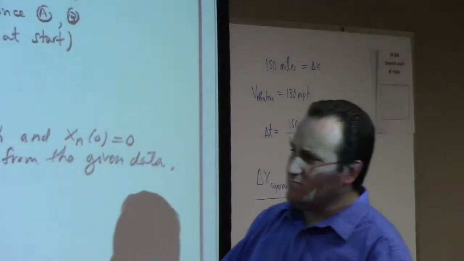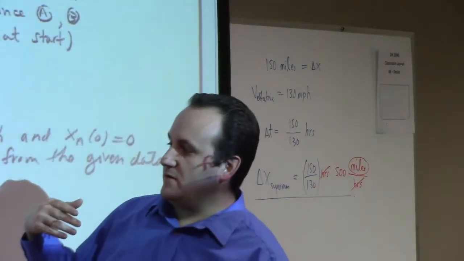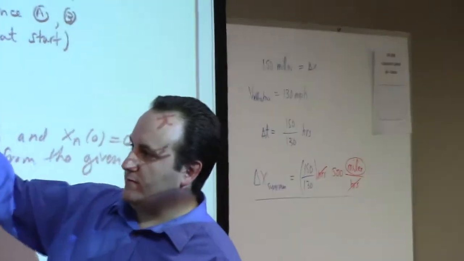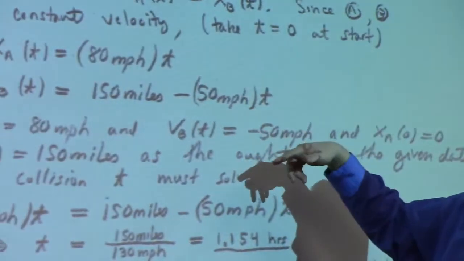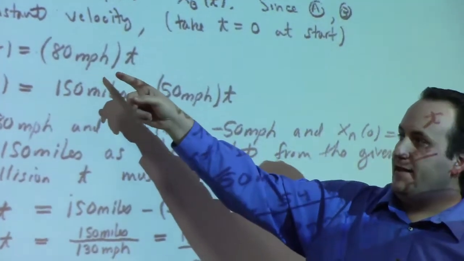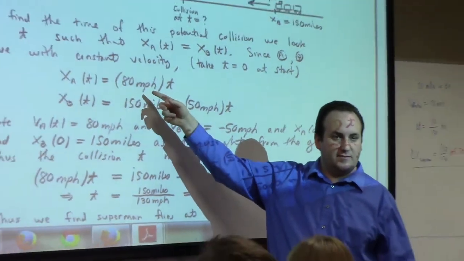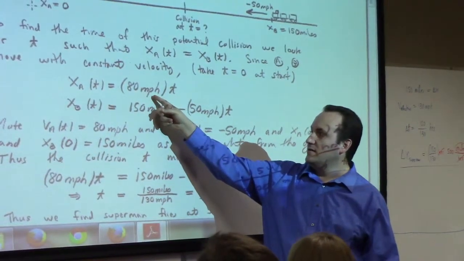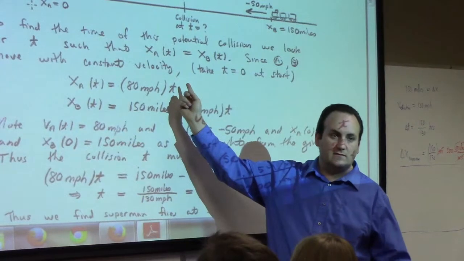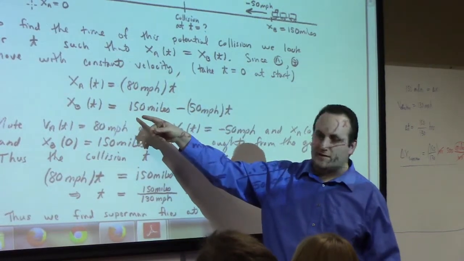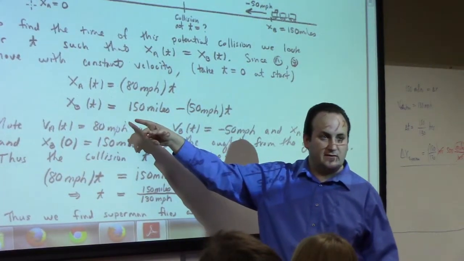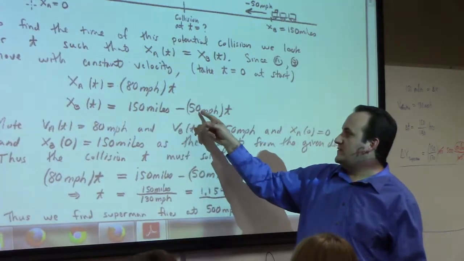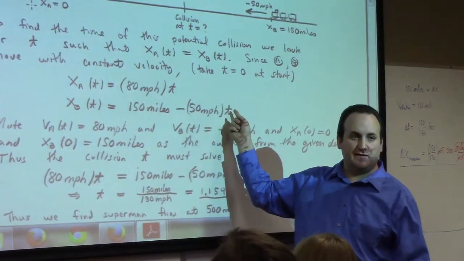So I took a slightly different approach here, which is just to say, well, the point where they come together is the point of intersection. So if I put train A at position 0 at time 0, this is its equation of motion, 80 miles per hour times t, right? If I put train B at 150 miles at time 0, then it's got a speed of 50, so minus 50 miles per hour times t.